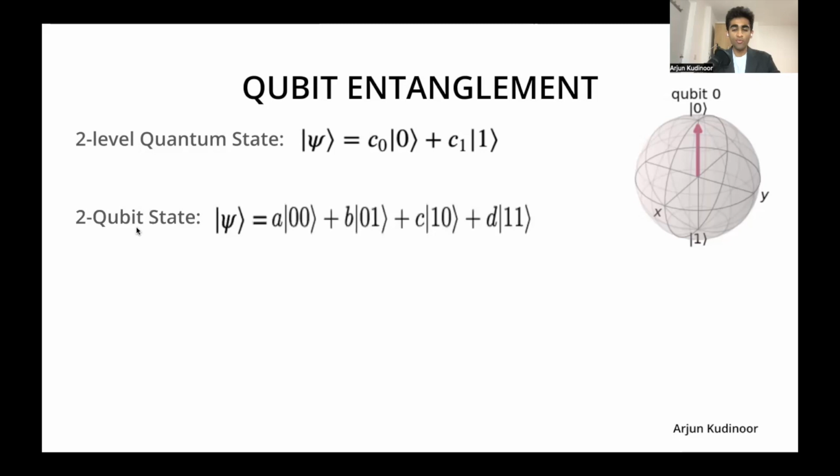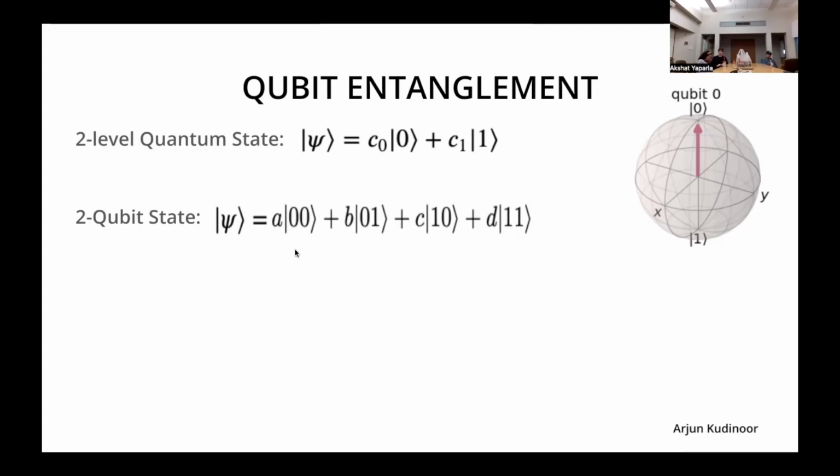A 2-qubit state, so if we have 2 of these qubits, or 2 quantum bits, we can write it down like this. Each quantum bit can take on energy values of 0 or 1.